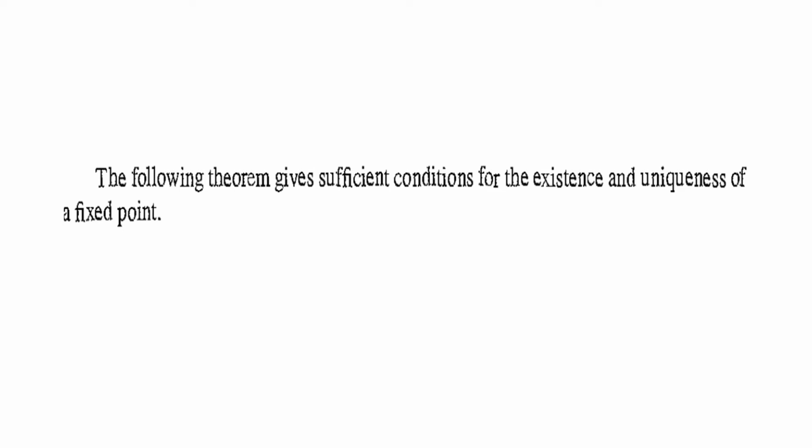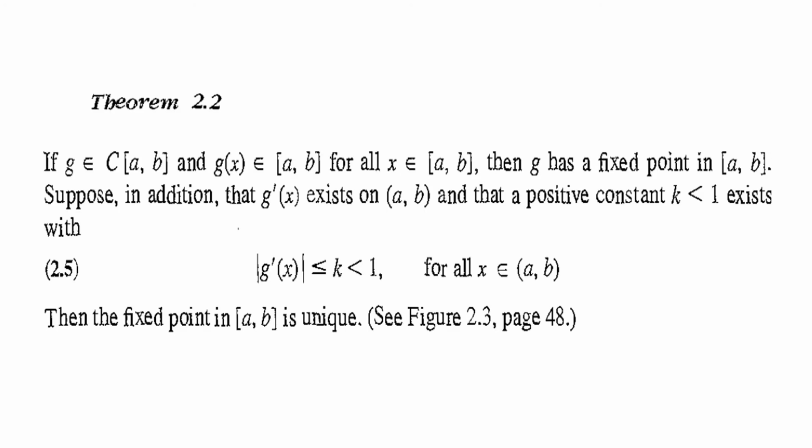Let us study an important theorem related to the fixed point, for the existence and uniqueness of a fixed point. In this statement, it is considered that g belongs to [a,b], g is continuous on [a,b], and g(x) also belongs to [a,b] for all x from this interval, then g has a fixed point in [a,b].